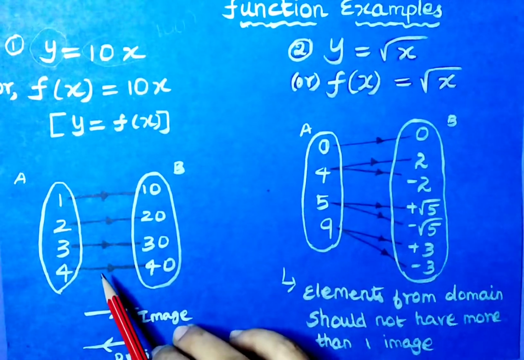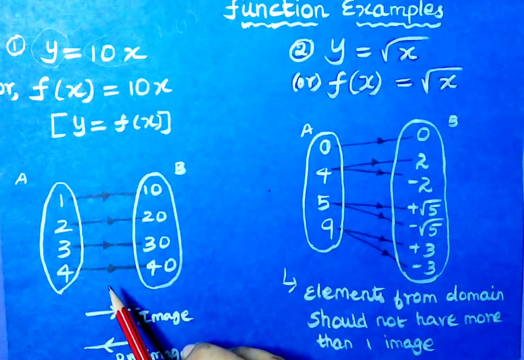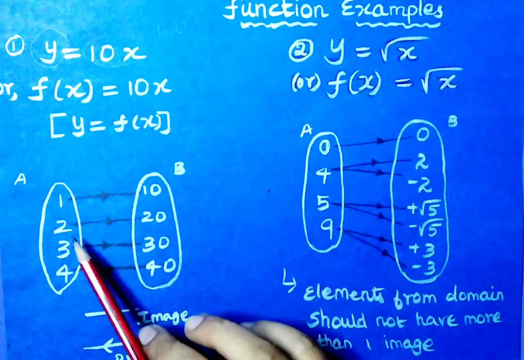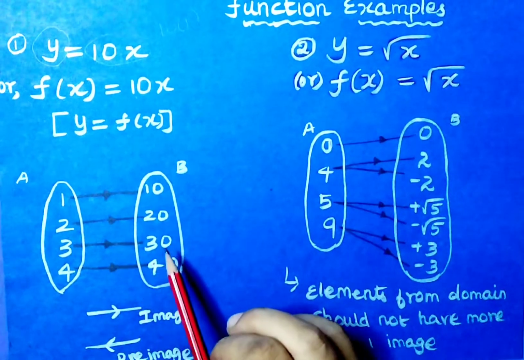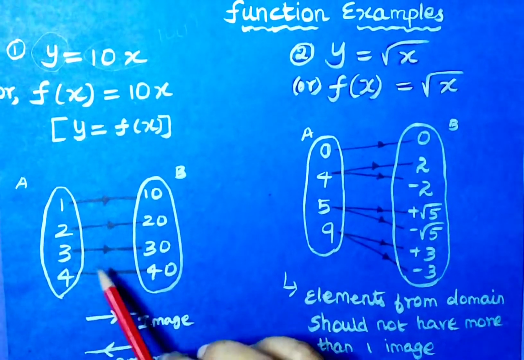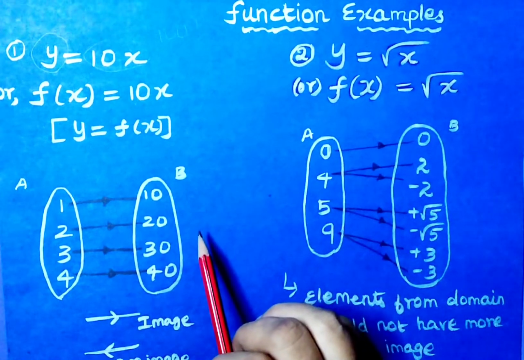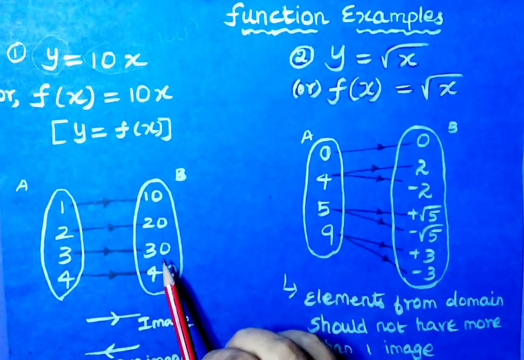From the mirror's point of view, it is the pre-image. So from the set B, 2 is the pre-image of 20, 3 is the pre-image of 30, 4 is the pre-image of 40. From the codomain point of view, it is the pre-image. From the domain point of view, it is the image.